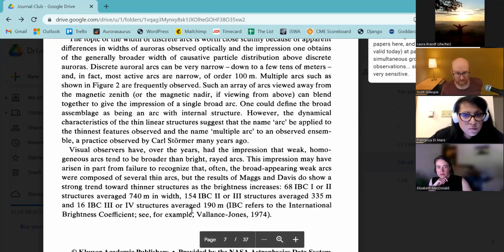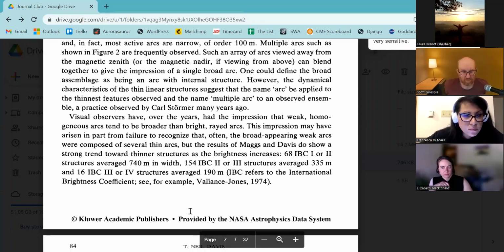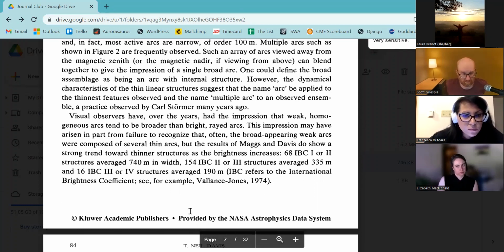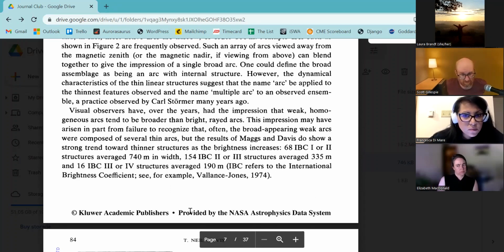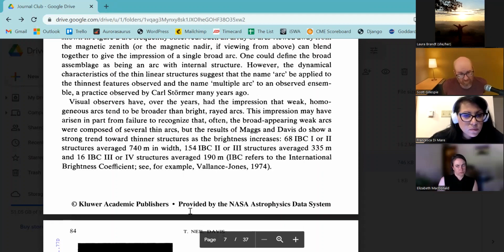154 IBC 2 or 3 structures averaged 335 meters, and 16 IBC 3 or 4 structures averaged 190 meters. IBC refers to the International Brightness Coefficient. See, for example, Vallance Jones, 1974.